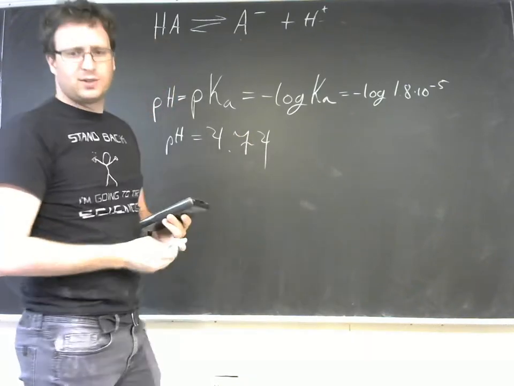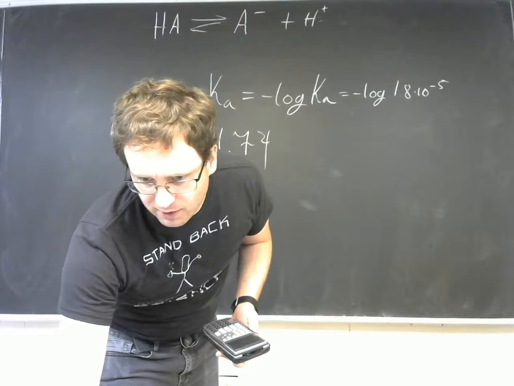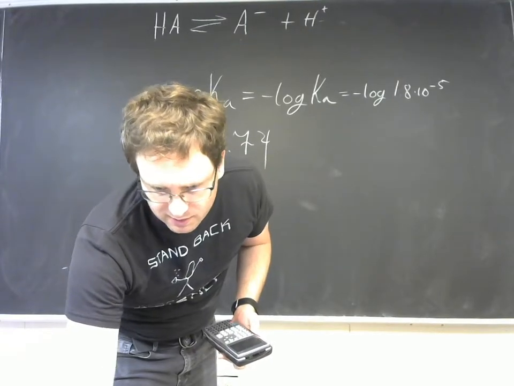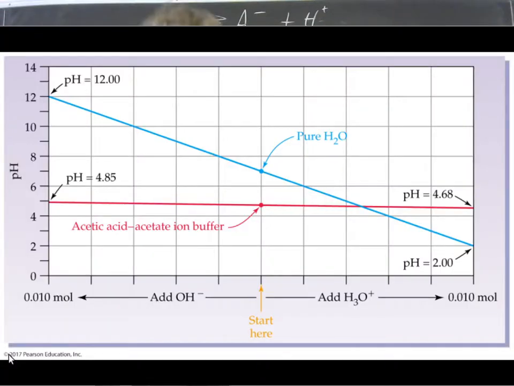So it's no coincidence that our buffer solution, and I'll pull it up again, give me just a sec, our buffer solution that was made from acetic acid and acetate is centered around 4.74. You add a little bit of acid and the pH drops a bit below that. Add a little bit of base and the pH rises a little bit above that. And so, you know, the point of buffer solutions is to resist a change in pH.